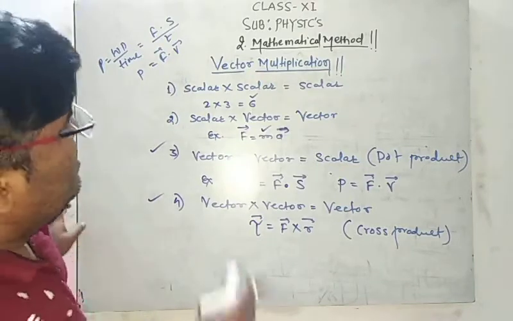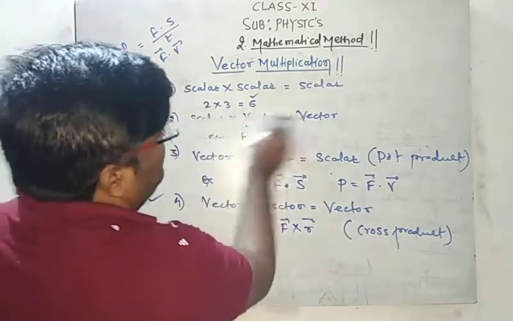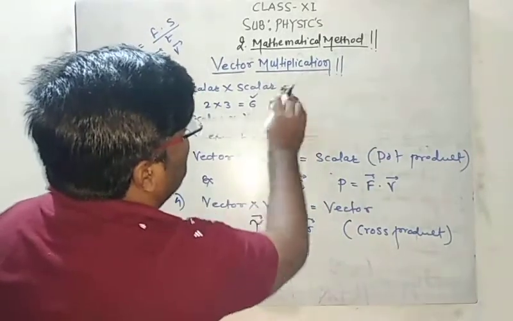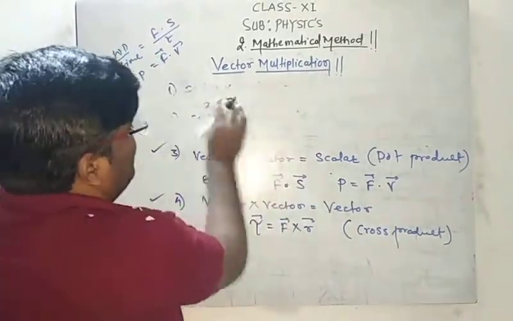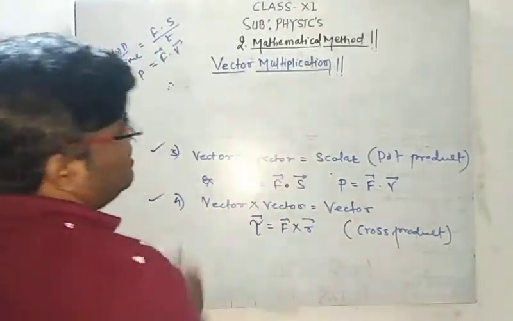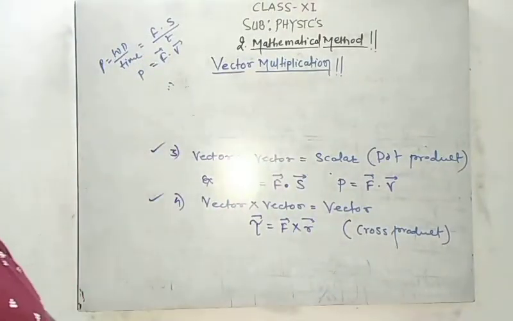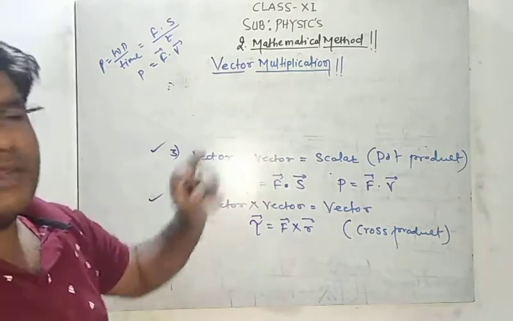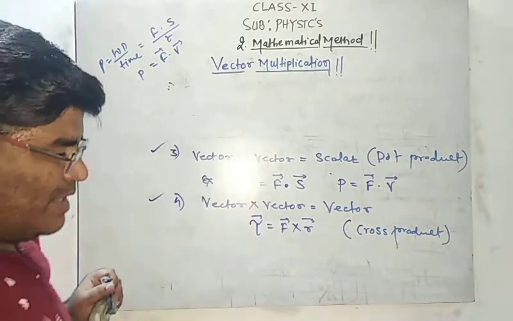On the basis of this, there are two types of vector multiplication: scalar multiplication and vector multiplication.